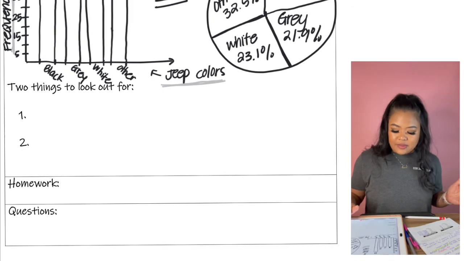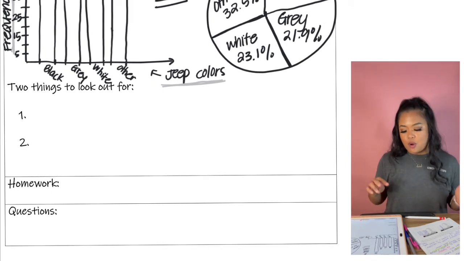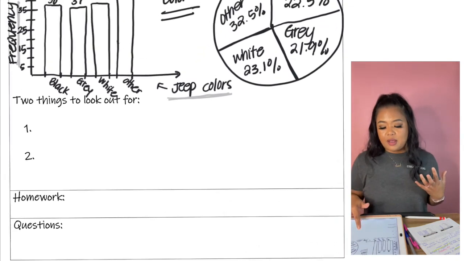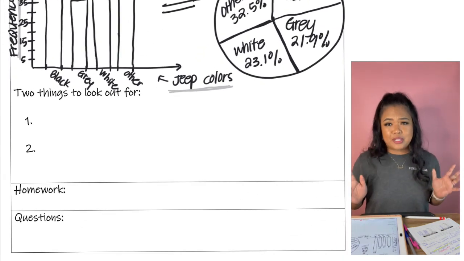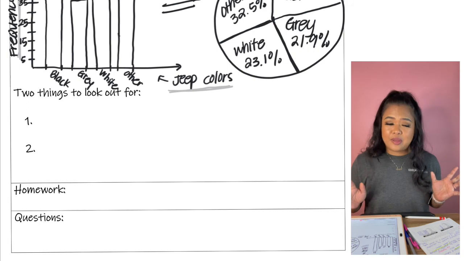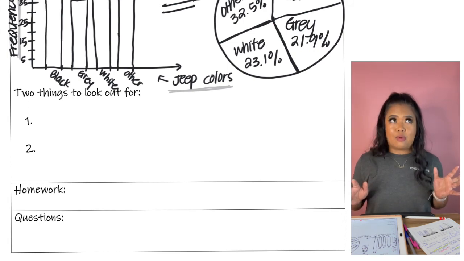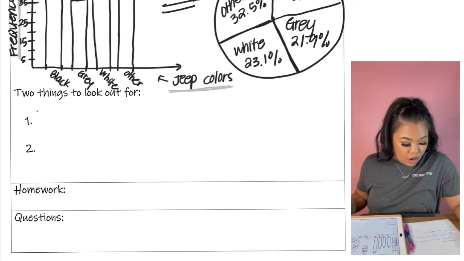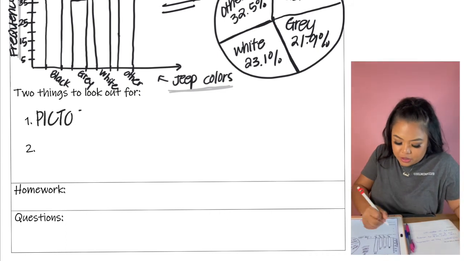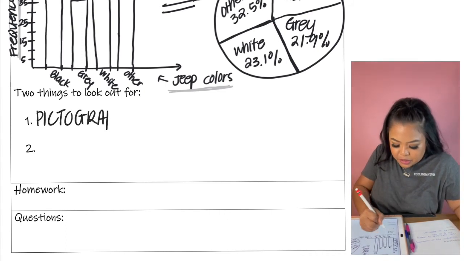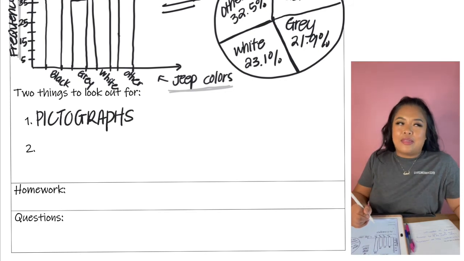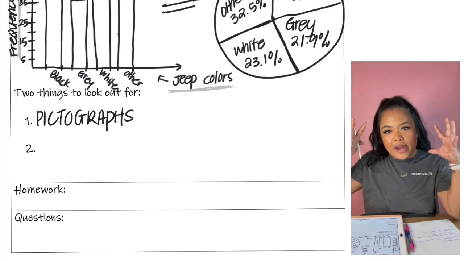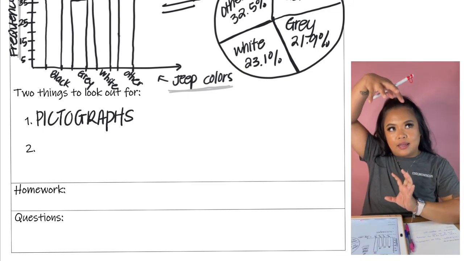And before we close out this lesson, I want to talk about two things you should look out for in terms of graphs. Because there's going to be a lot of data and presentation of data out there, and you really have to be the kind of person that watches out for the kinds of things that they show you, okay? One thing to look out for are pictographs. So pictographs are basically graphs that use pictures instead of bars. Now the problem with pictures is that it gets bigger, wider, as well as in height.